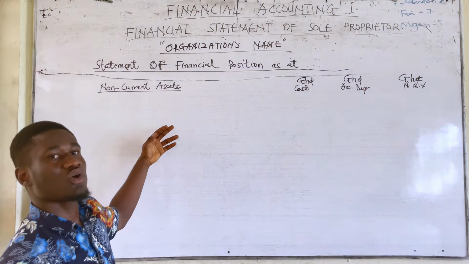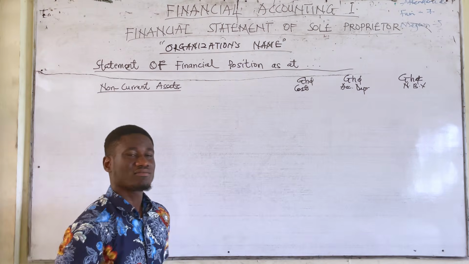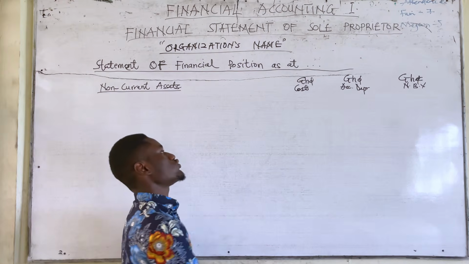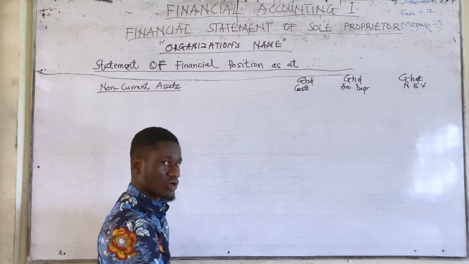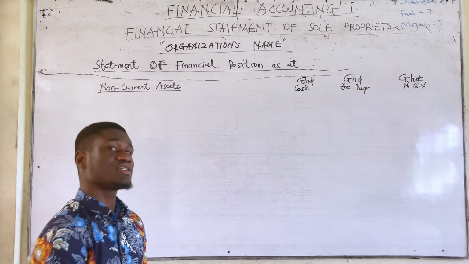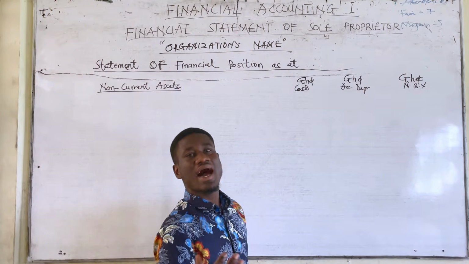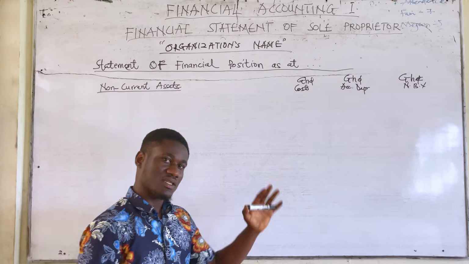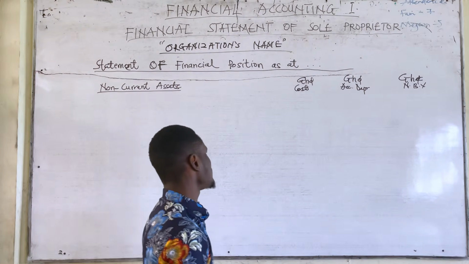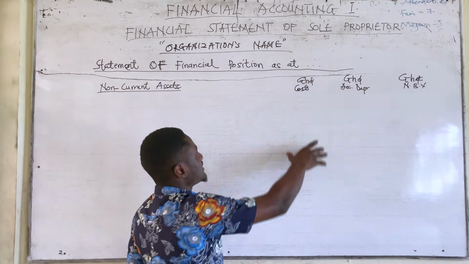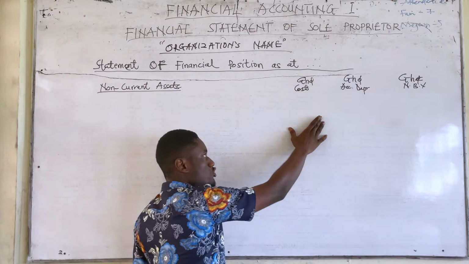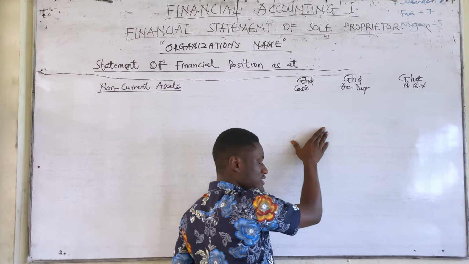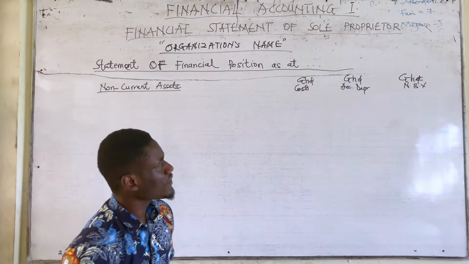With this one, you have to know the non-current assets, so that you will see that this one I'm seeing in the trial balance is a non-current asset. The assets you are going to see at the debit side of the trial balance, under the debit column. Good. So the initial cost of the item is what you are going to write here.